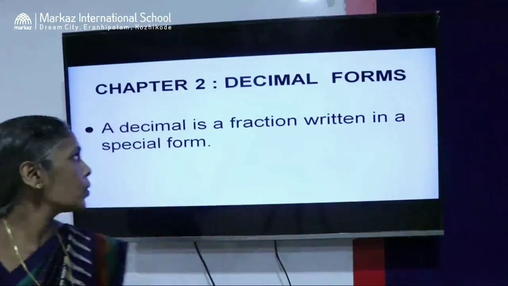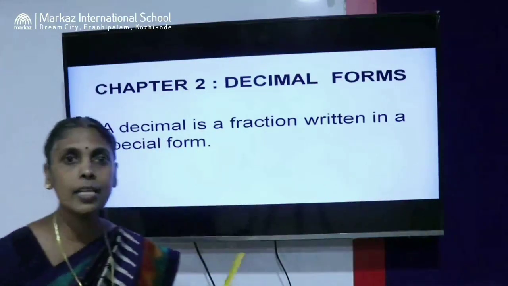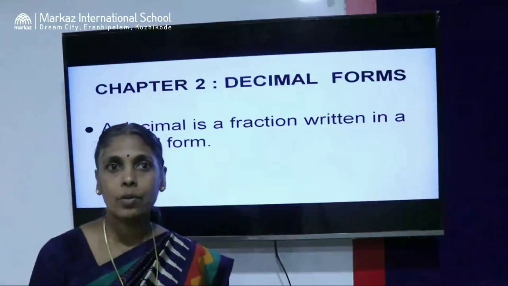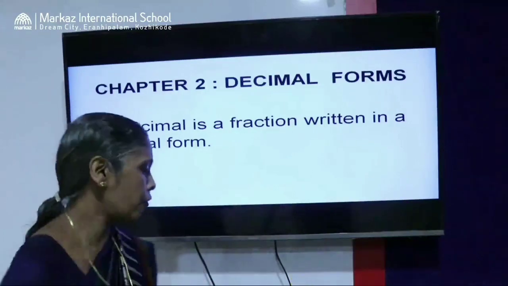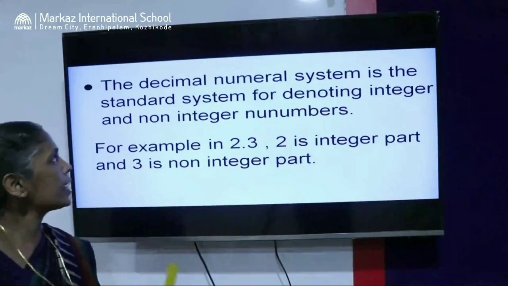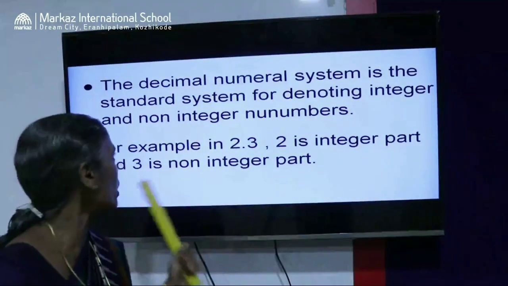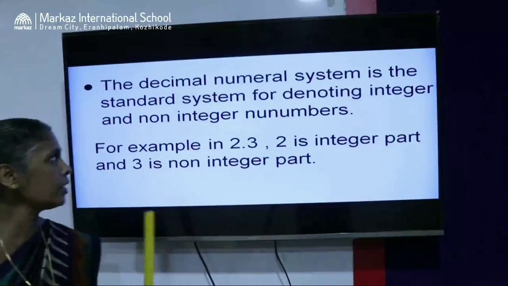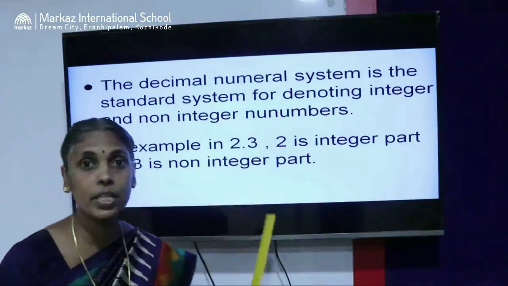So a decimal is a fraction written in a special form. You can write a fraction in decimal form. Next, the decimal numeral system is the standard system for denoting integer and non-integer numbers. What do you mean by integers and non-integers?